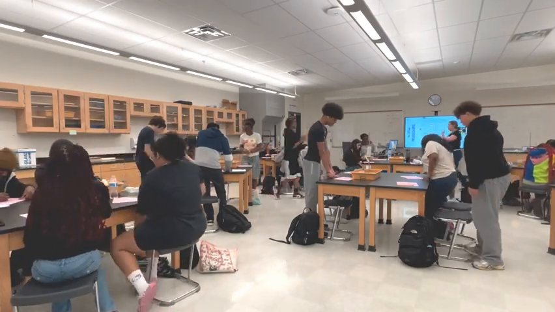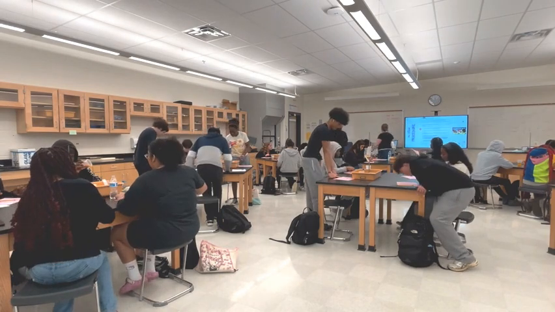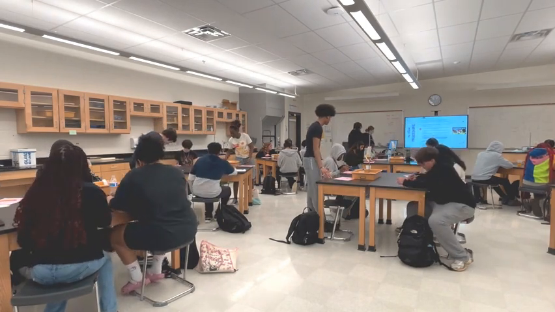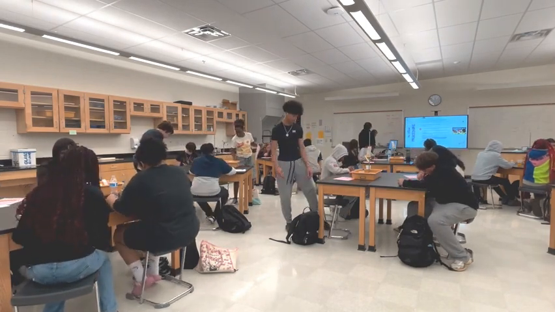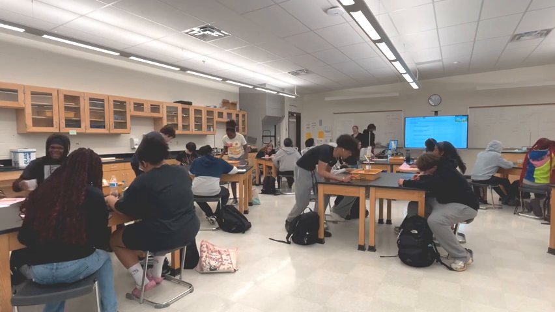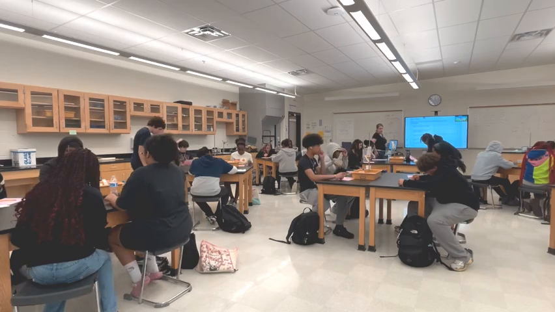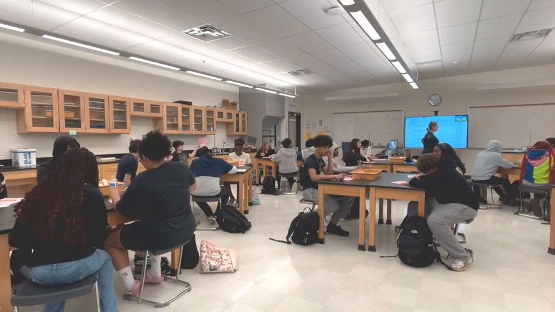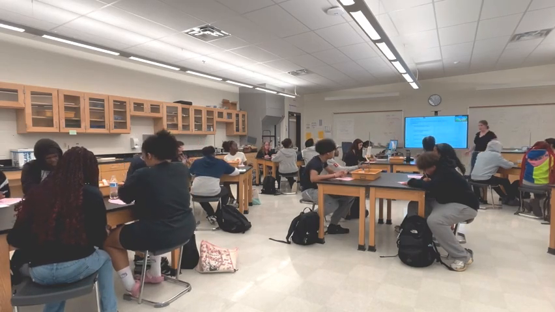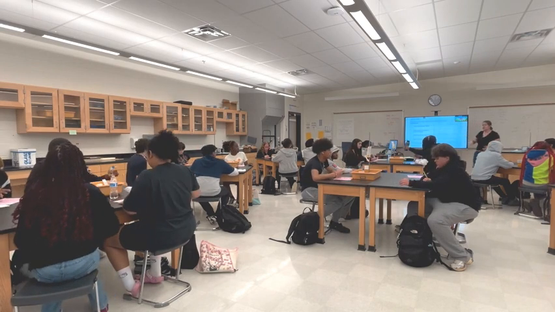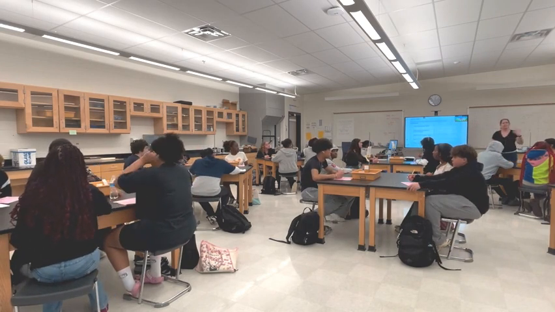Hey, we are going to do cleanup in a second, but we're going to do some other stuff first. What I would like you guys to do, right next to your directions, there is this chart that has you identifying the different parts. What was the stimulus or stimuli? Stimuli is the plural.